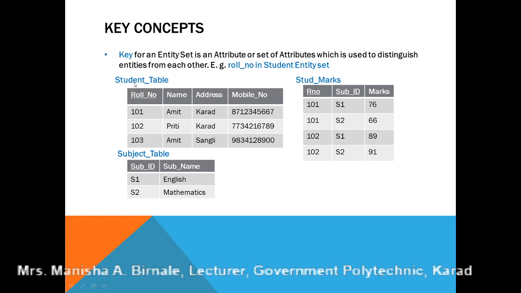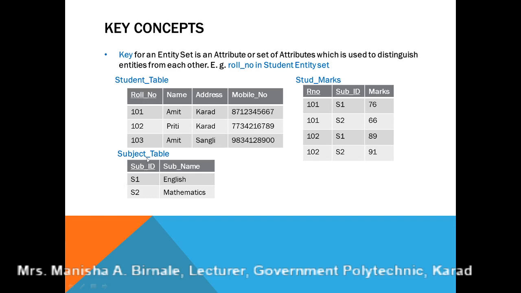Here you can see in this student table, roll number is a key attribute. That's why an underline is shown here. In this table, roll number is not repeated. It has unique values, whereas the name of two students is the same, and the address of the first two students is the same. So roll number works as a key attribute in this student table.